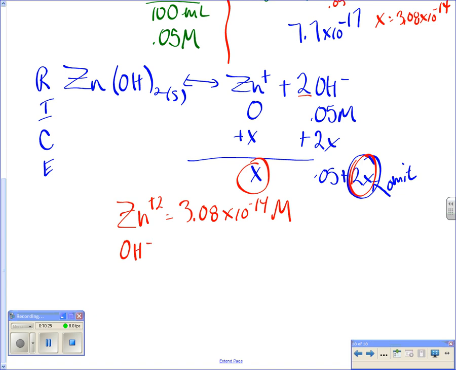Even though it didn't ask us that, it's kind of nice to always write things down. So our OH minus, remember, is going to be 0.05 plus 2 times that number. It's not going to make any difference on significant digits, so it's just 0.05 molar. So that's how we do a KSP problem when it's asking for a concentration with a common ion.